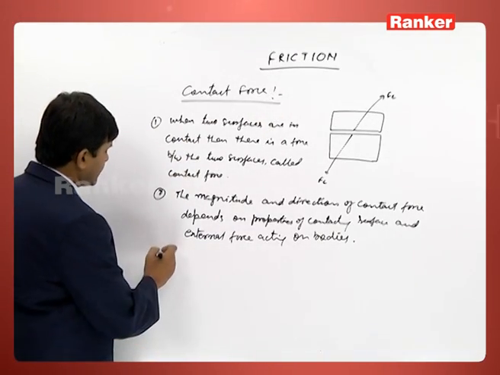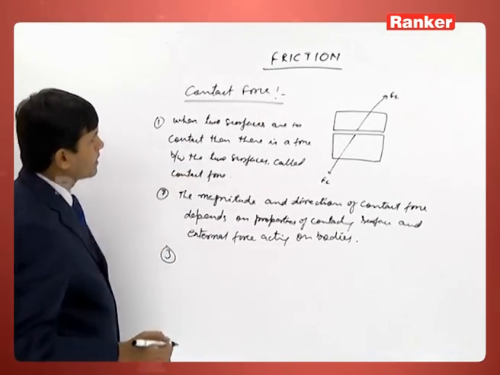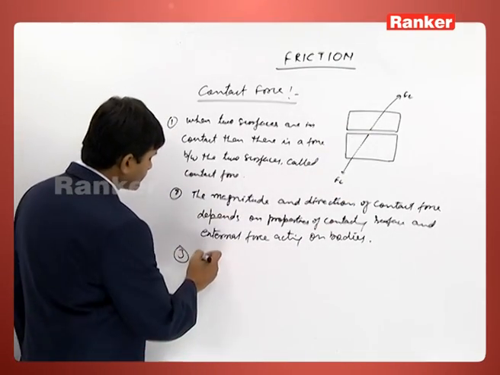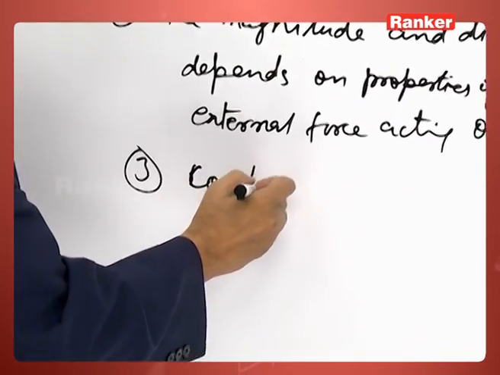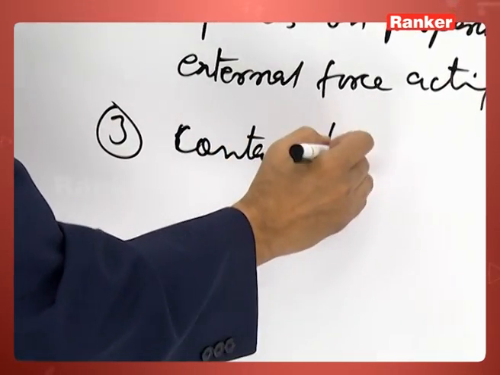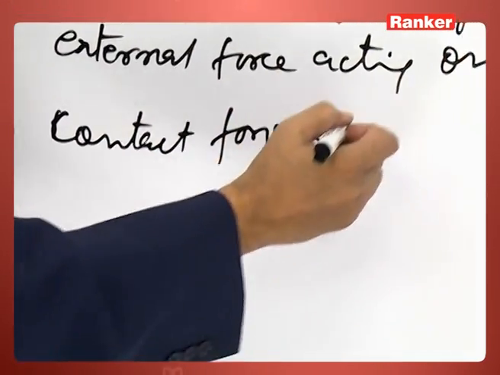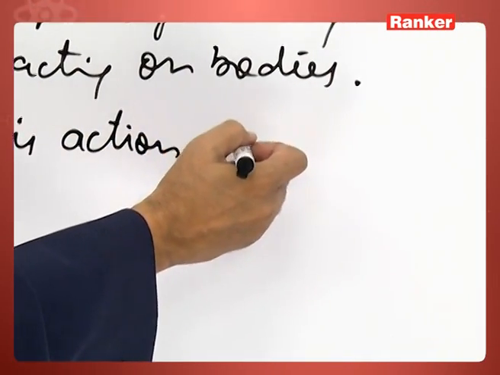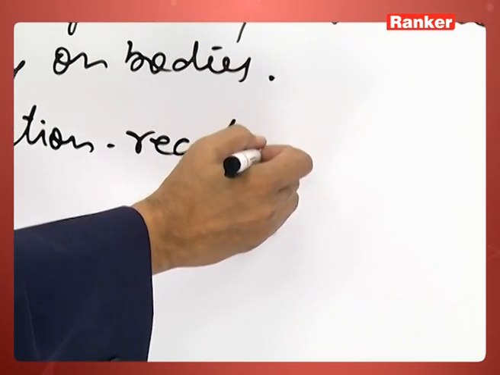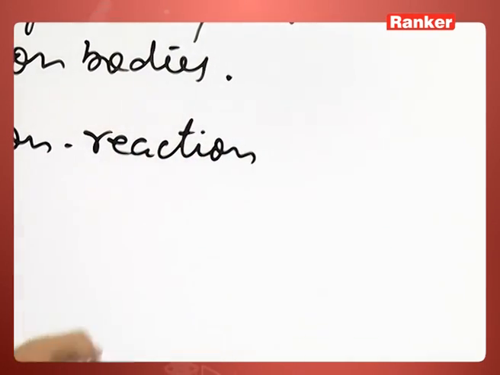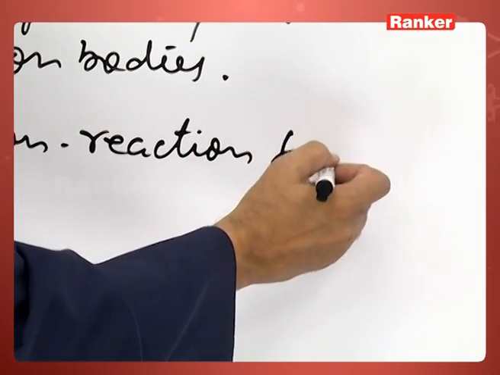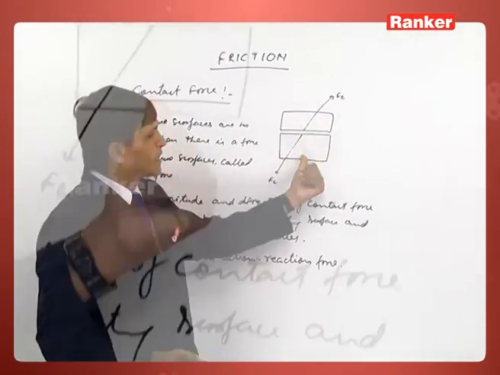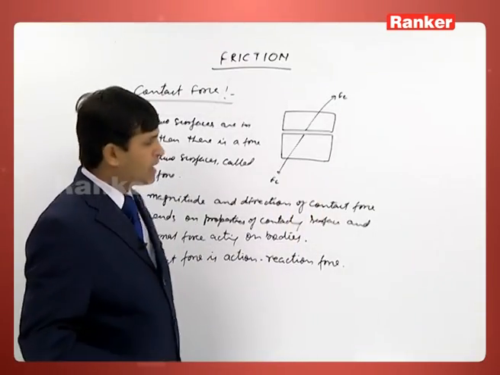The third point we can say: contact force is your action reaction force. Action reaction force means the force on one body and on the other body is equal and in opposite direction.